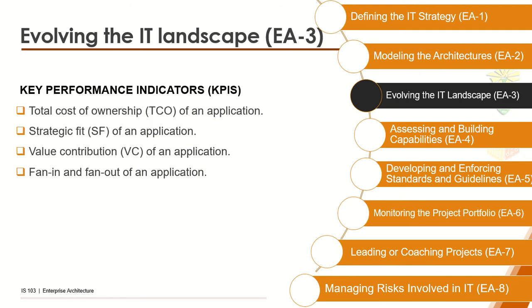What else? So next step, after assessing the applications, once you have identified and assessed the applications needed in your enterprise, the next step is to quantify what should be improved.